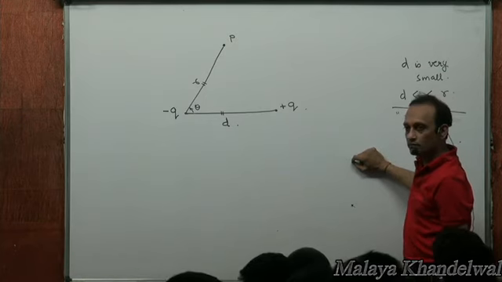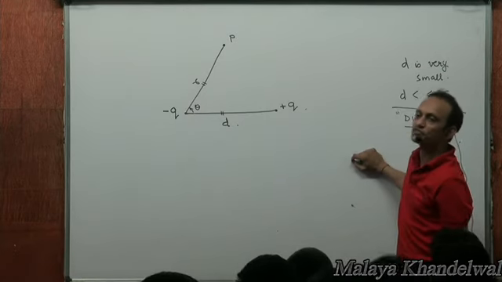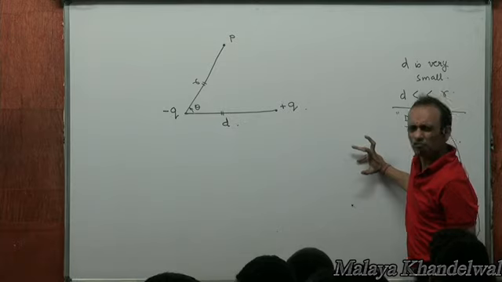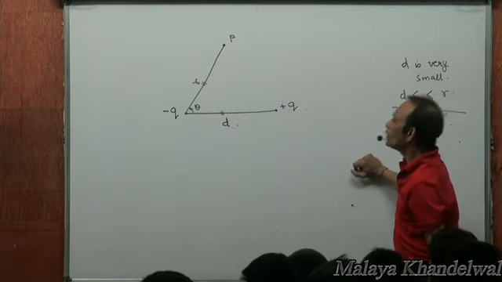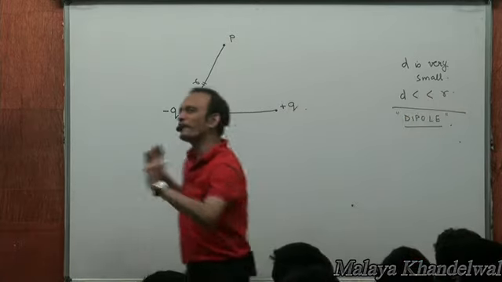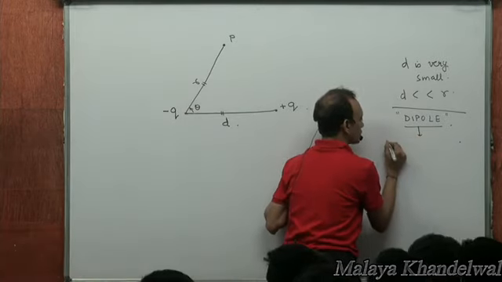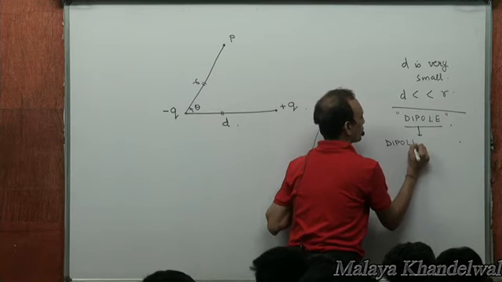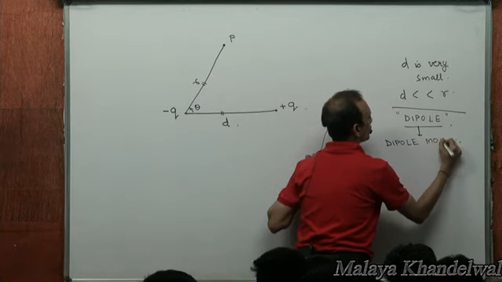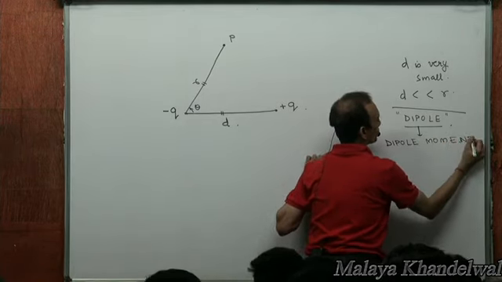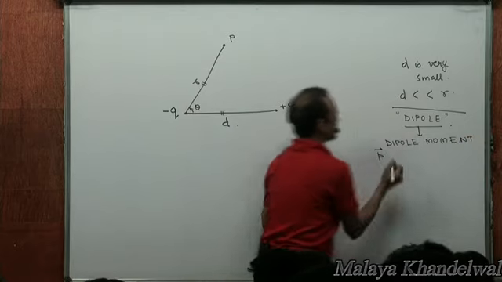We define some basic things for a dipole for convenience. We define a vector for the dipole called the dipole moment. A dipole moment vector p.